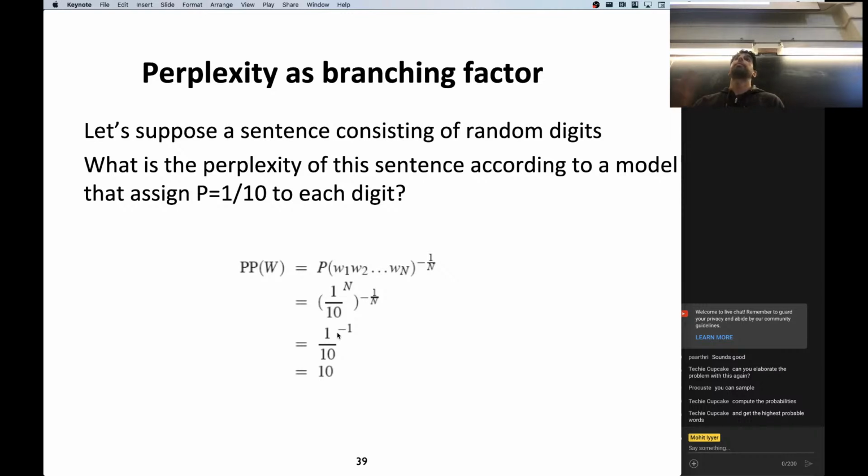The perplexity is 10. And what this means is you can interpret perplexity as the branching factor. So at any point in the sequence, how many options on average did I have that were equally likely to be produced? In this case, there was no information other than I knew I was choosing from one of 10 digits. So at every point in the sequence, I had 10 equally likely options to choose from. If I had a better model, and maybe I was using natural language, in some cases I might have only one viable option for the next word.